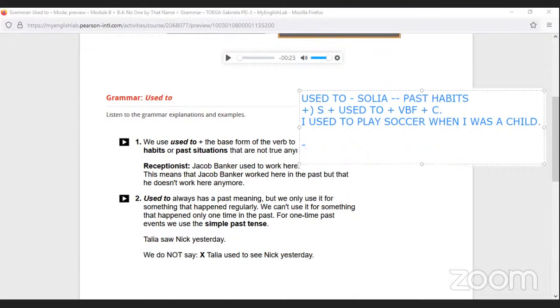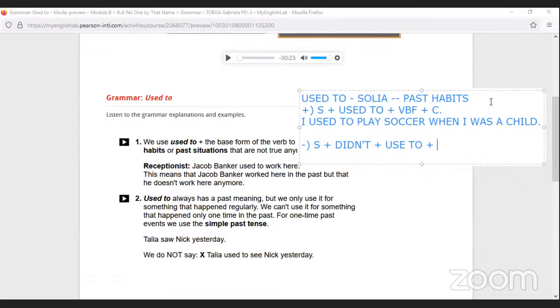And can we use this grammar for negative? Yes, of course. But what happens when we use a negative? We're going to ask for help from the other auxiliary that talks about past. In this case, it is did. Didn't. So we will use didn't plus use to.